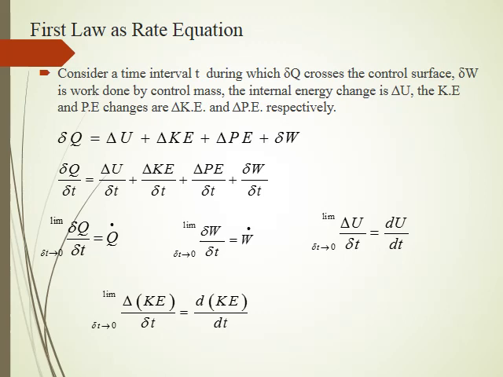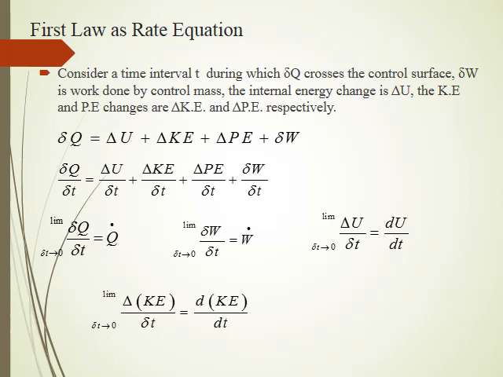Now we consider a time interval delta t during which delta Q crosses the control surface, means heat transfer is taking place and that is crossing the control surface. Delta W is the work done by the control mass. So this is also like the heat transfer that is crossing the boundary that is separating the system and surroundings. So we can say delta W is denoting the work done by the control mass.